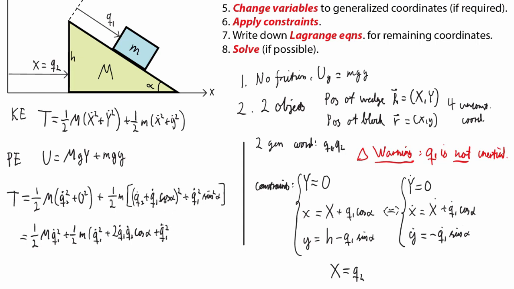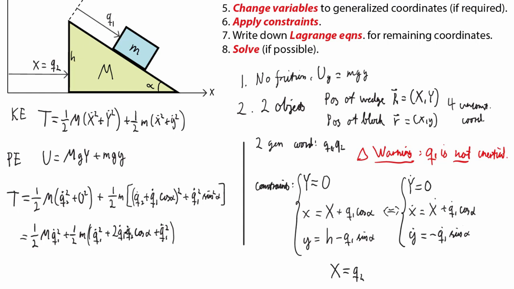So where I've used that Q1 dot squared times cosine squared alpha plus Q1 dot squared sine squared alpha is just equal to Q1 dot squared. Okay. So that's the kinetic energy. Now, just looking at this, we can see that it was probably a good thing that we started out with writing down the kinetic energy in the Cartesian inertial coordinates. I don't know about you, but I would have had a hard time writing down this form just looking at Q1 and Q2 here.